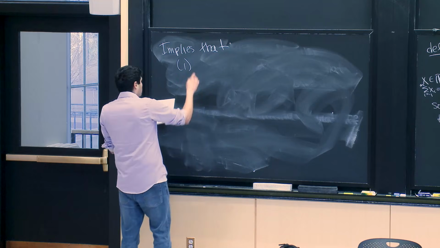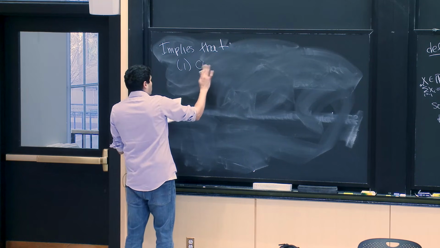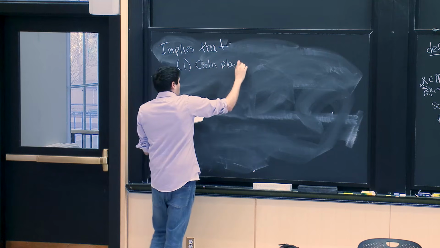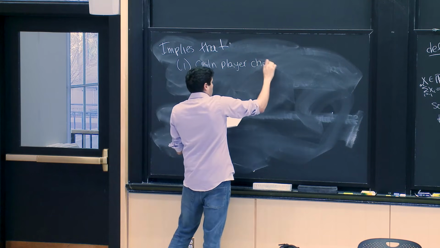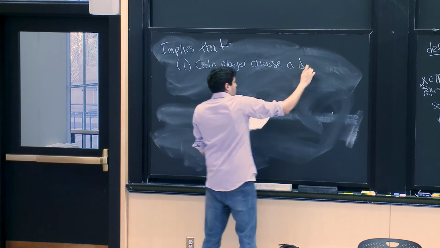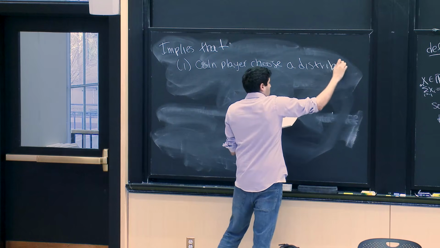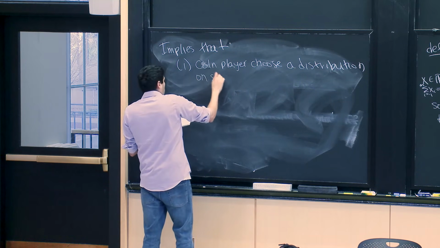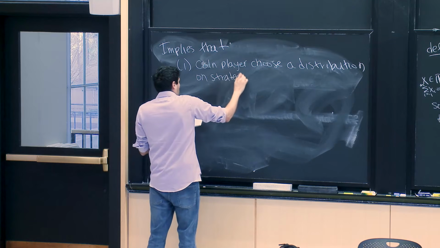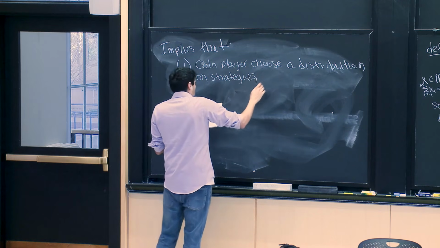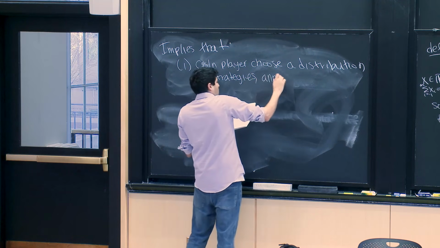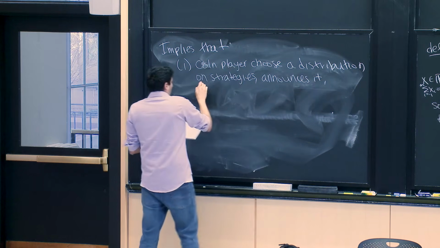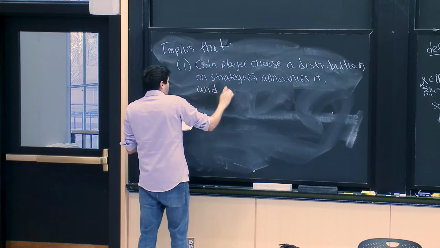Because what's going on is that the column player chooses a distribution on strategies, announces it, and the row player best responds.